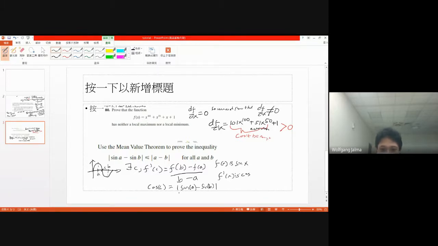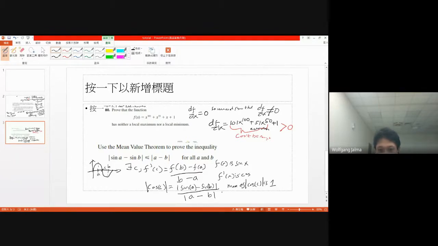I just don't have time to do something better. But we know that the maximum value of the absolute value of cos is 1.